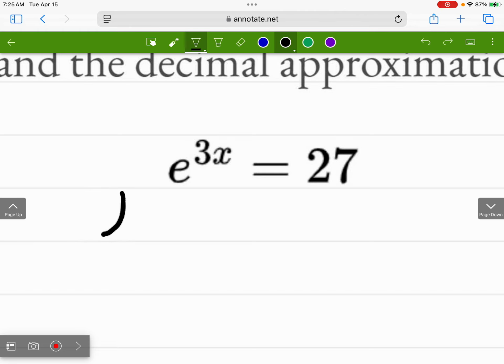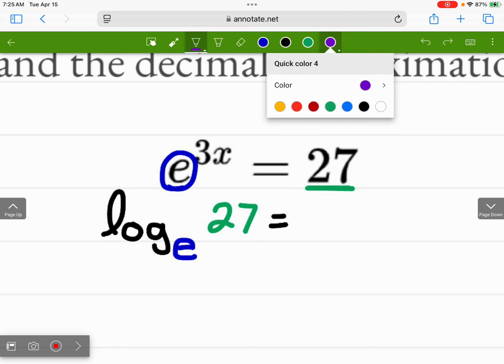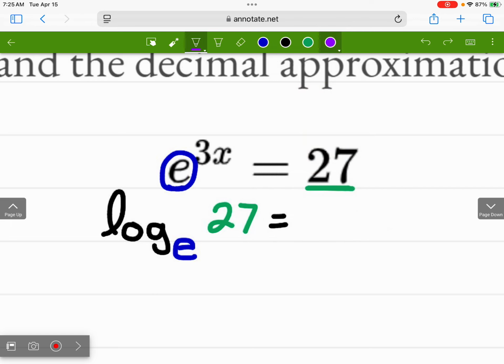But just since it was a little bit crickety, I'm going to do it the old school way. So if we switch this like with the BPA log BAP, we have our base of e, that's this guy, our argument of 27, and our power of the 3x.